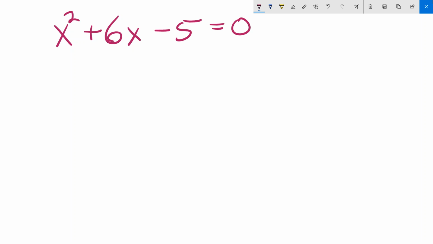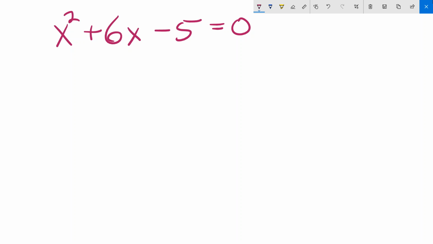Okay. So the next one that I have for homework is x squared plus 6x minus 5 equals 0. Okay, work me through every step of this. Just read each line. You don't even have to tell me what you're doing. Just read the next line.